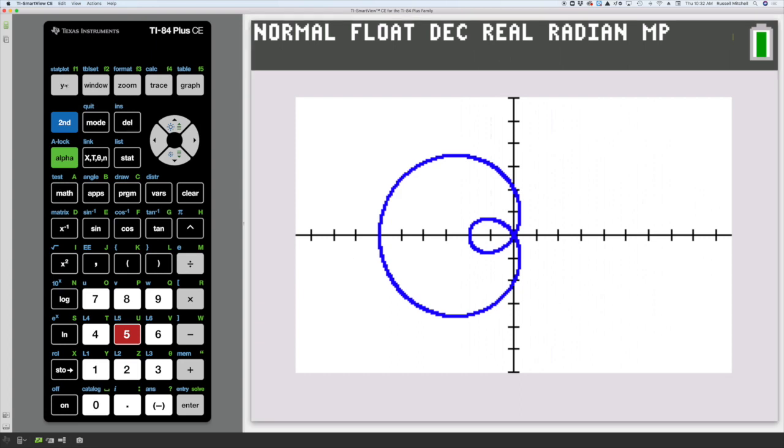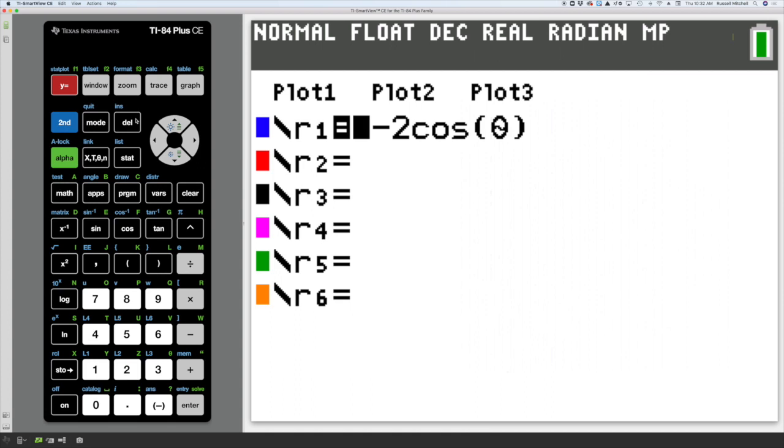Okay, and then the last one we're going to do is r equals 4 sine theta. So clear this one out, 4 sine theta. Really this is just about analyzing it and seeing some different graphs that are produced.